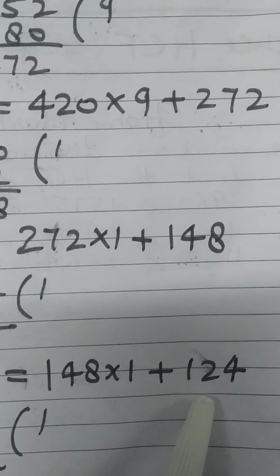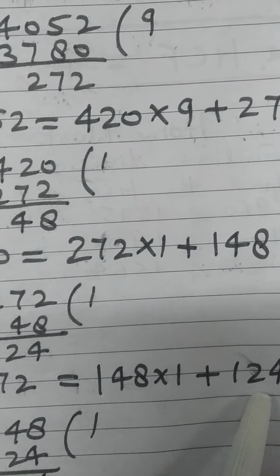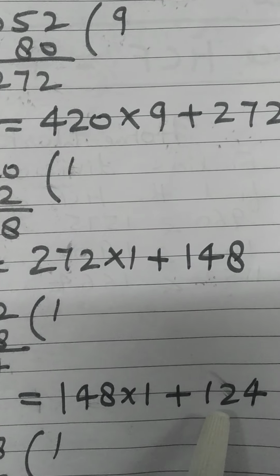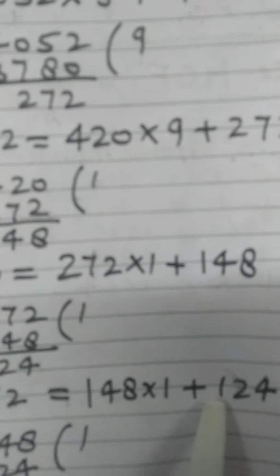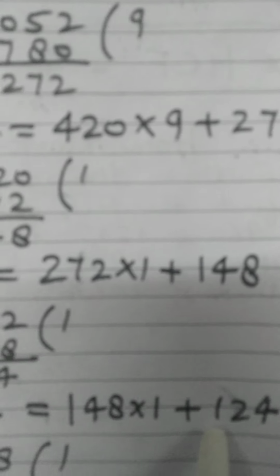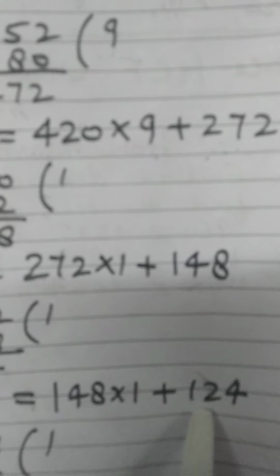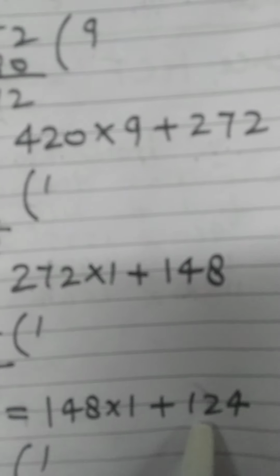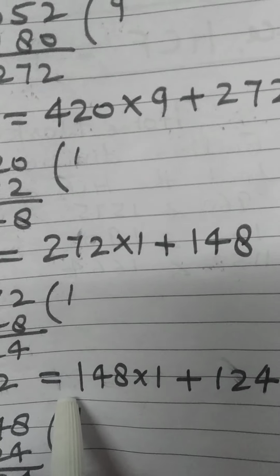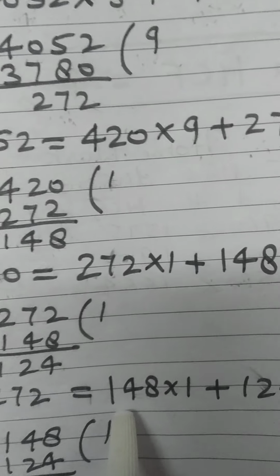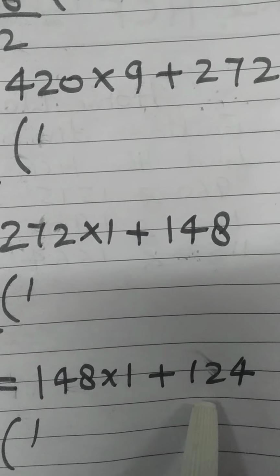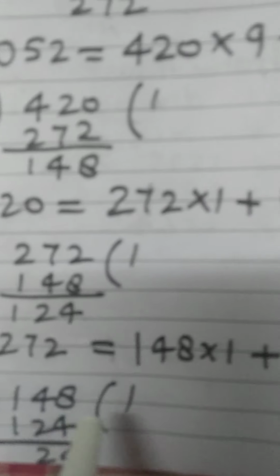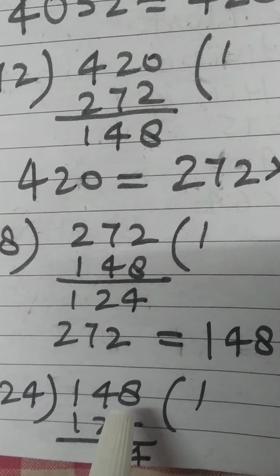Value of remainder is 124. Continuing this process, I will take two numbers 124 and 148. Since 124 is less than 148, so I will take 124 as divisor and 148 as dividend.